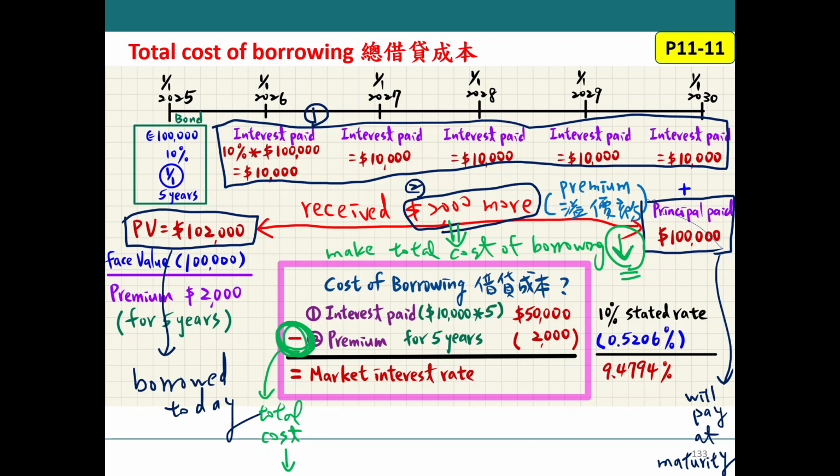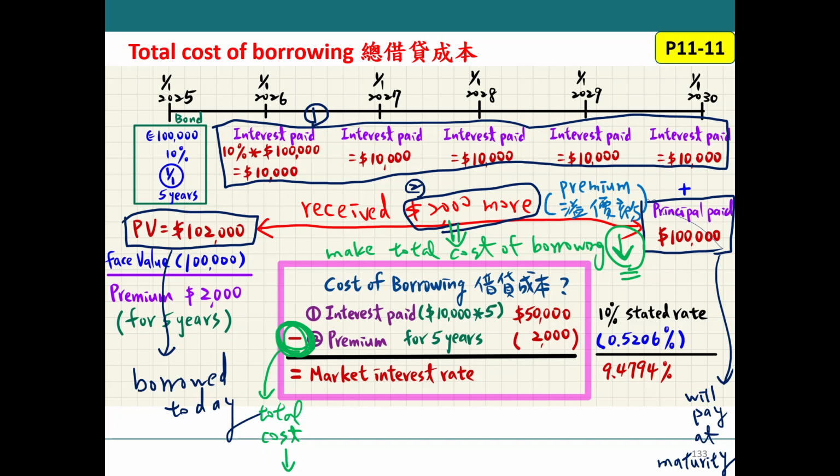Then why does your second cost of borrowing make your total cost decrease? Why can you get $2,000 more at the beginning? Remember, when we talk about actual cost, the cost to borrow money from investors is always the market interest rate. Only when you satisfy what they want can you borrow money from them.